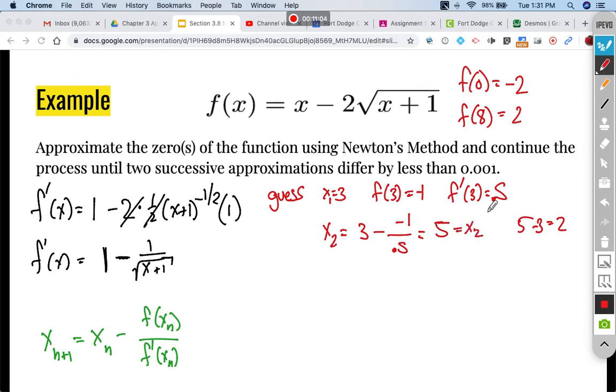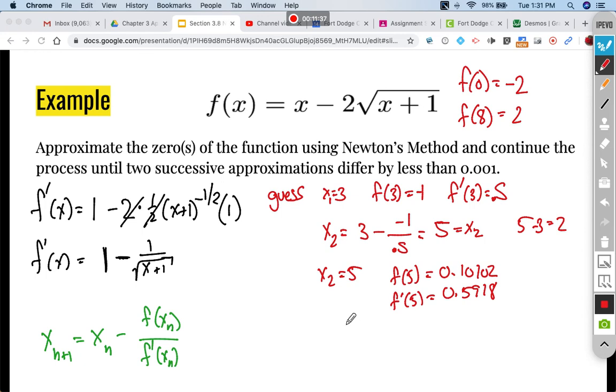So I go through and I do this again. For x3, let's go back here. If I have my x2 equals 5, f of 5 equals 0.10102. f prime of 5 equals 0.5918.